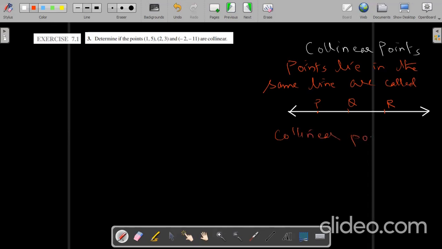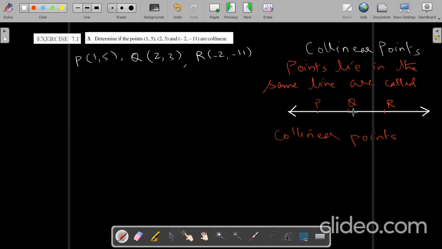So see, by distance formula how we can prove that these are collinear points. If we have these three points, let's say P is (1, 5), Q is (2, 3) and R is (-2, -11), then we have to prove that these are lying on a line.